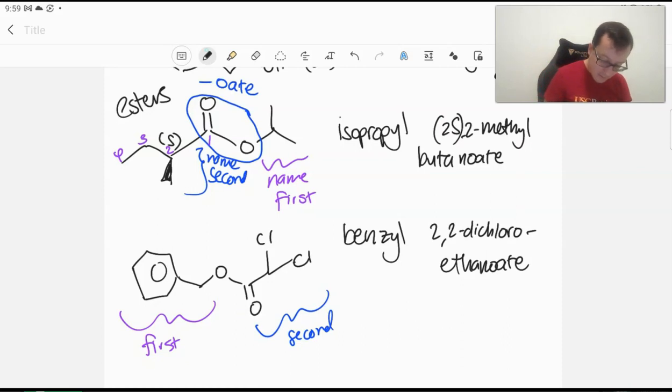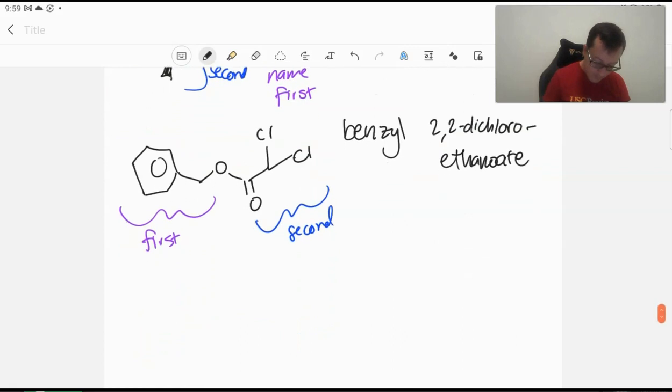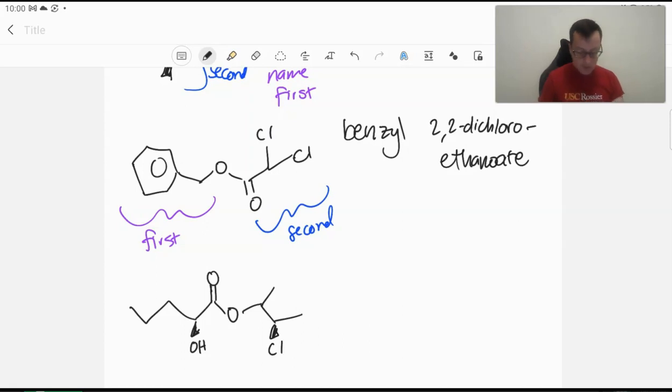If you want to make this super complicated, because we like to do that in OChem, we could do all this fun stuff, have some stereochemistry in there.